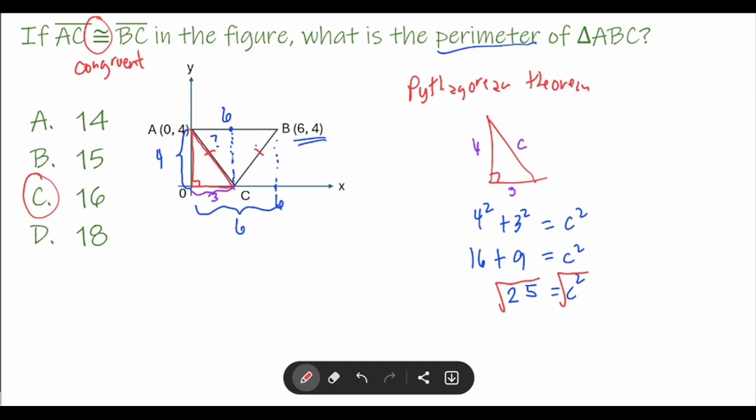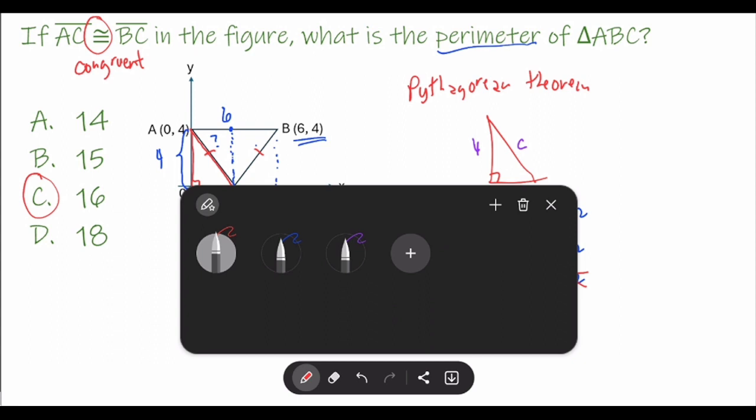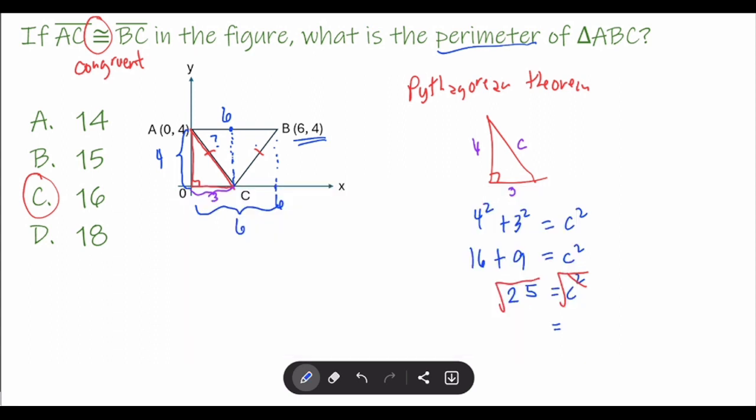So it will be only c, and the square root of 25 is 5, because 5 times 5 is 25. You do the opposite. So c is 5. That means this is 5, and also this is 5 because they are congruent.